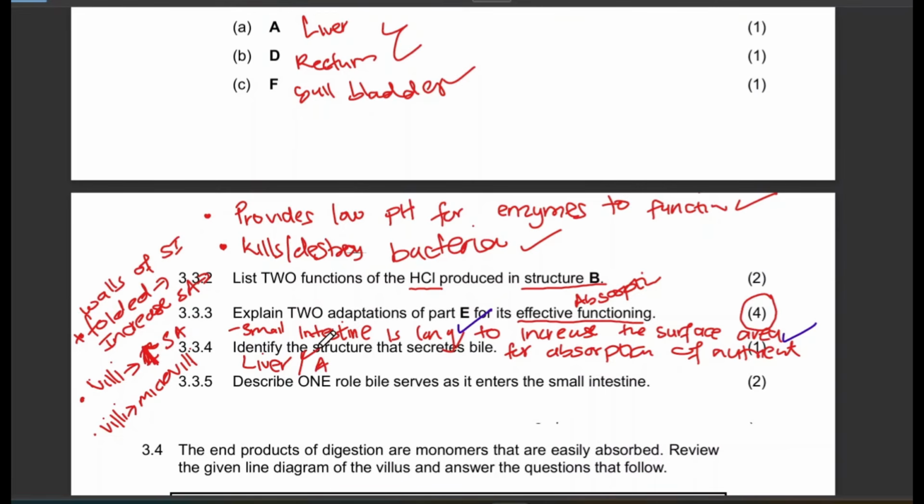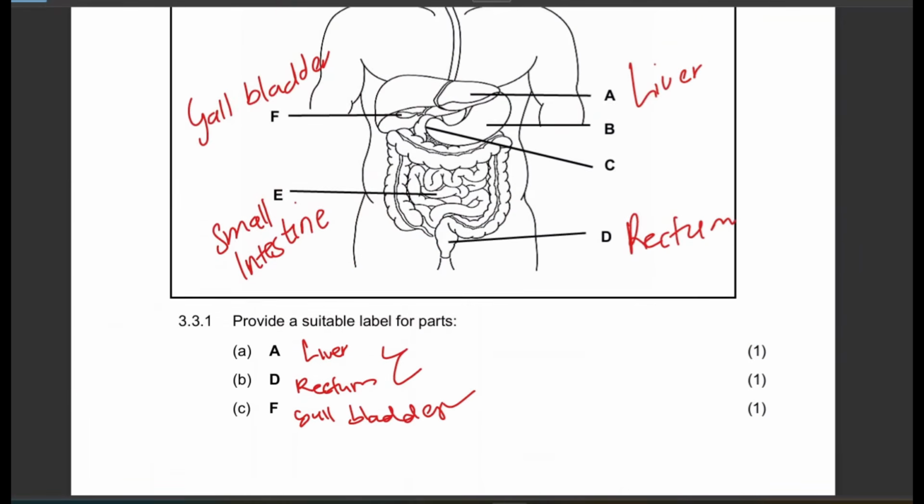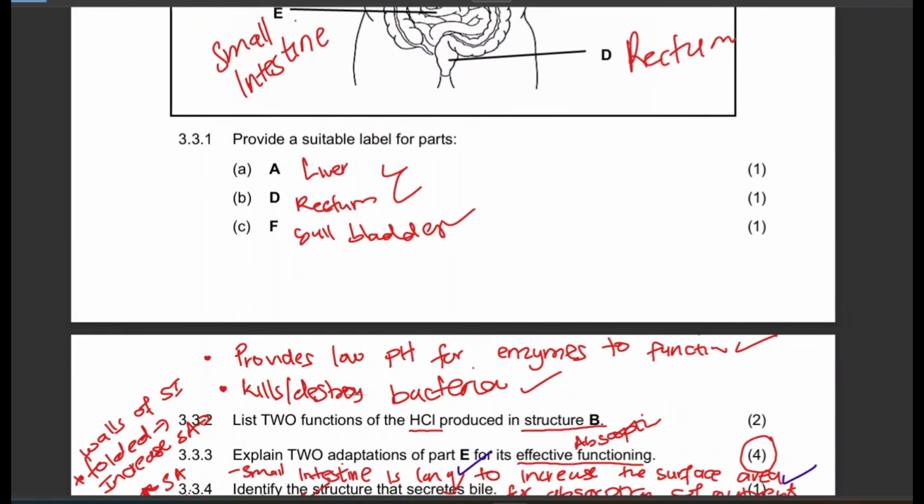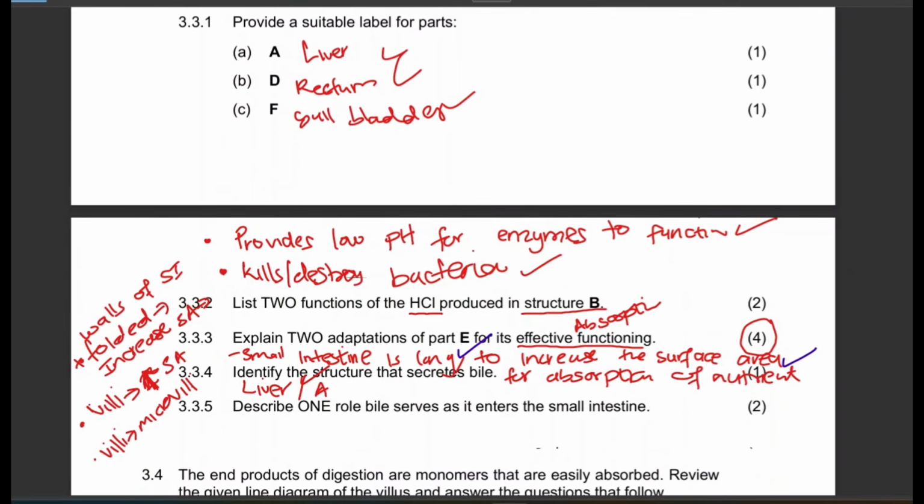Describe one role bile serves as it enters the small intestine. Remember, bile is produced by the liver and then gets stored in the gallbladder. Then during digestion, it will be secreted by the gallbladder into the first part of the small intestine. Now, what is the function of that? That's basically to emulsify fat.